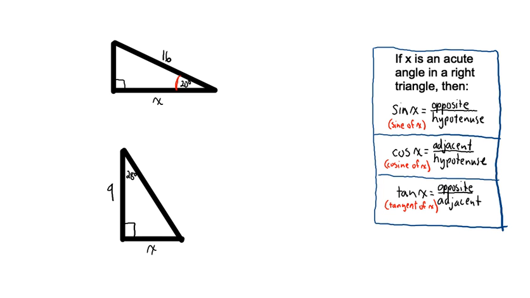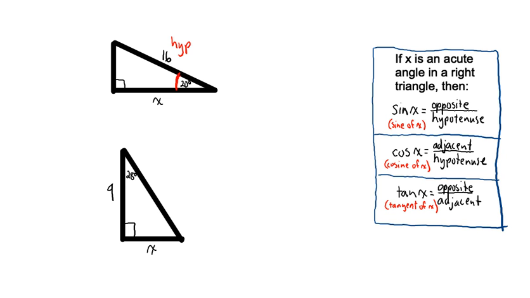All right, so I've got to determine what do the 16 and the x represent. So first of all, across from the right angle is always your hypotenuse. All right, and you'll see this 20-degree angle, it touches two sides.